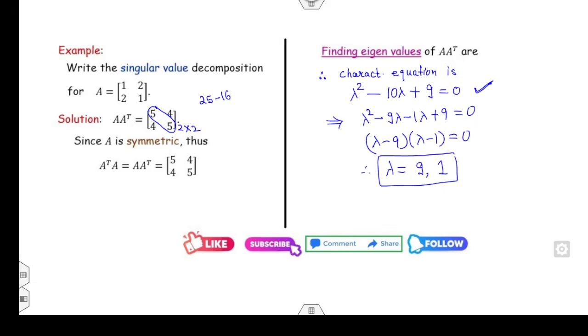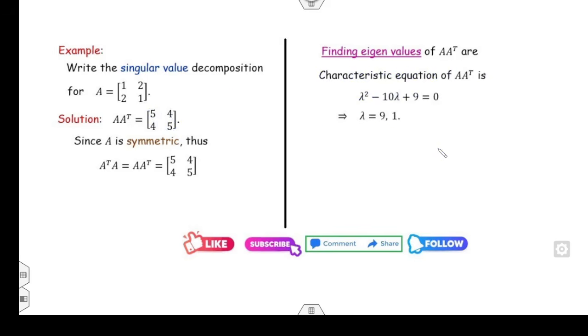Always remember, write the first number as the largest one. Clear? Therefore, your singular values are, because there are two lambdas, sigma 1 and sigma 2. The formula for the singular value is the positive root of lambda i.